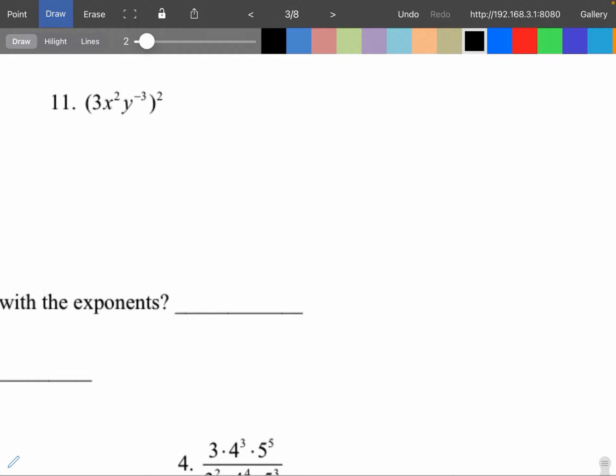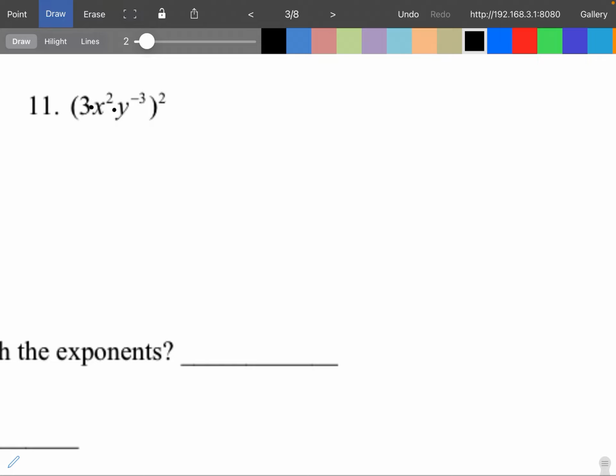Okay, so this last one, you've got a product of 3 factors here, and they're raised to a power, so then the power needs to go on each one of them. So you're going to have 3 to the second power, x squared to the second power, and y to the negative third power squared also.